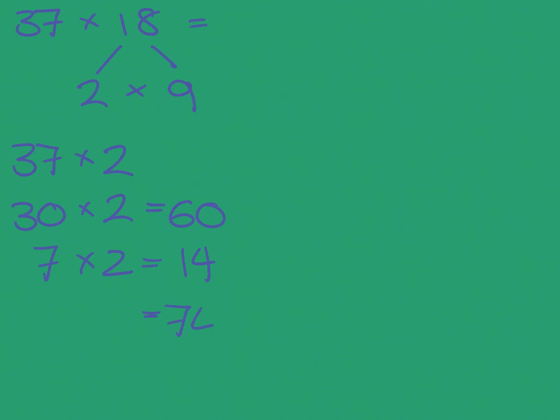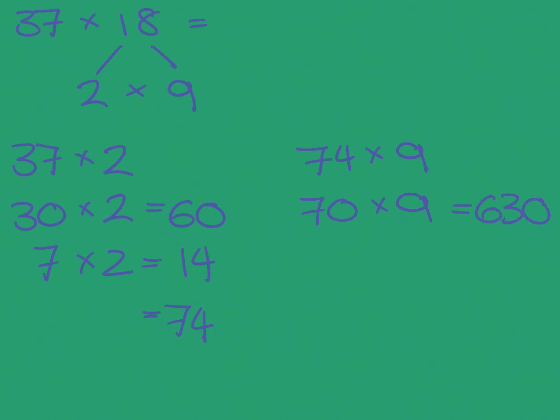Okay, here's another example, but now we'll start working with bigger numbers. 37 times 18. 18 is the number I'm going to try and find factors for. Much easier than 37, because there are not many for 37, but the factors for 18 are 2 and 9. 37 times 2. I'm going to use the place value strategy that we learned back on, I think, Thursday. 30 times 2 is 60, 7 times 2 is 14, and adding them together is 74.